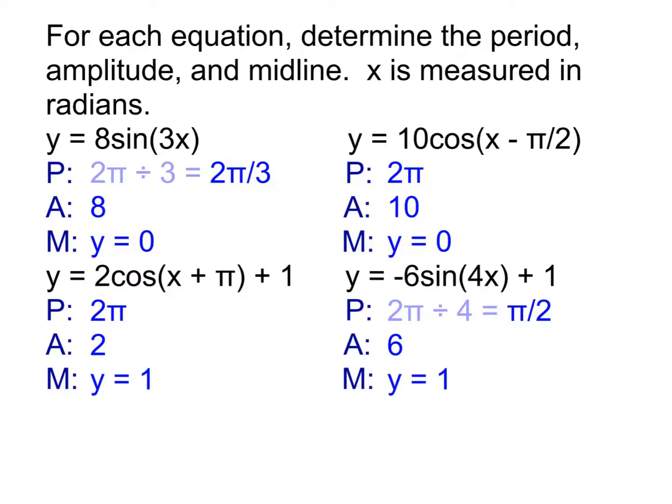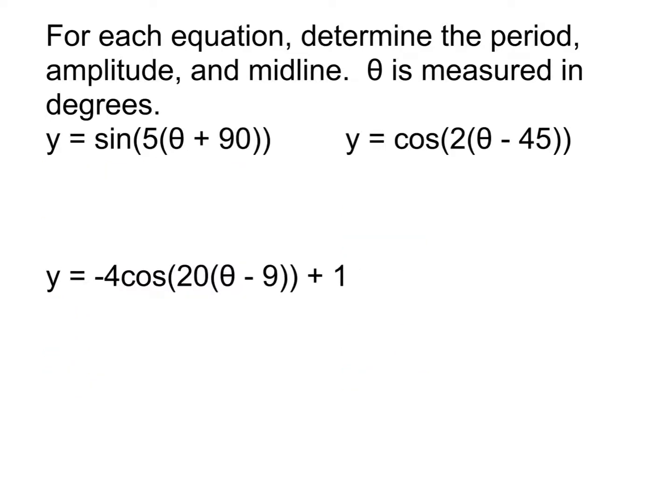And so we want to see how to work with them when they do look that complicated. So that's what these are. The processes are still all the same, but again, I'd like you to please find the period, amplitude, and midline for these three. Notice in this case, we're back to degrees. I want you getting used to and comfortable with having that extra set of parentheses in there.